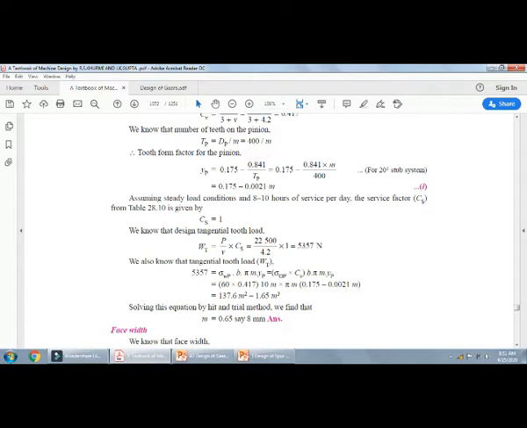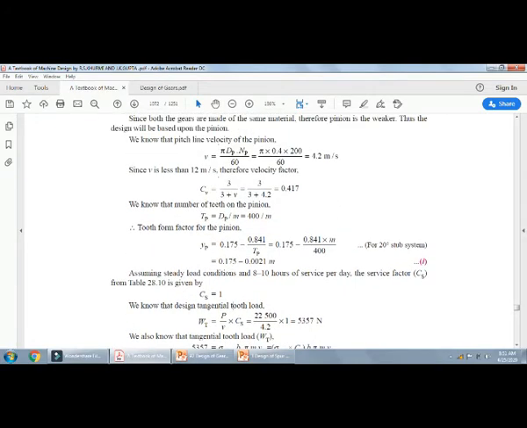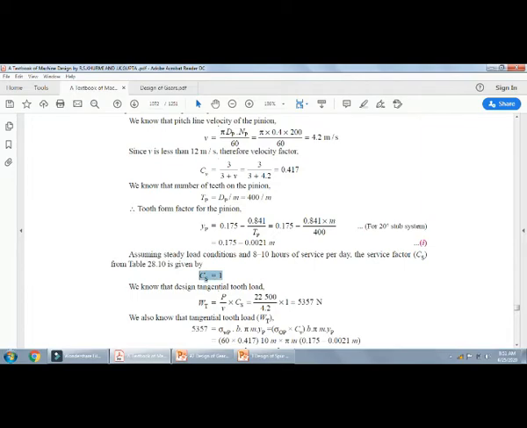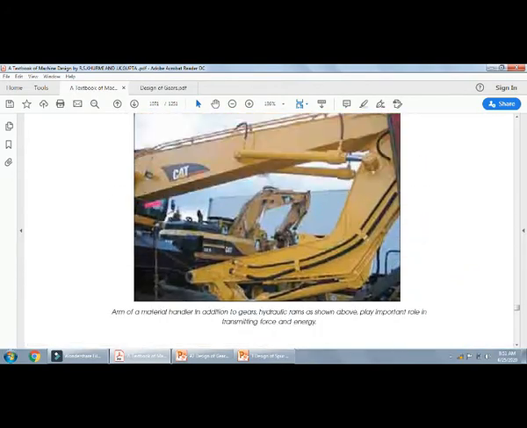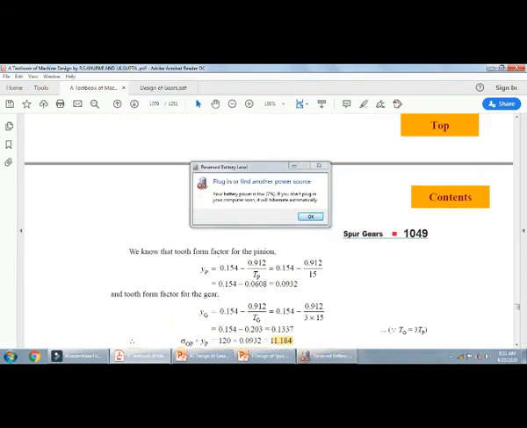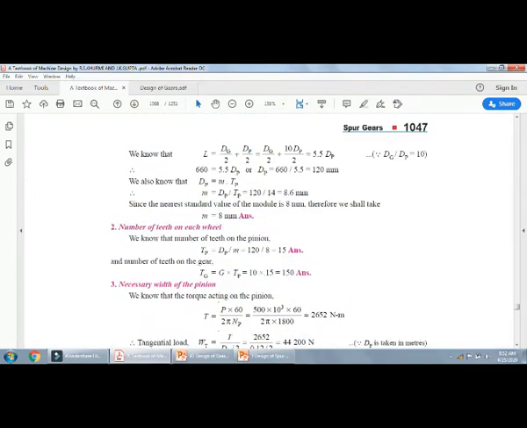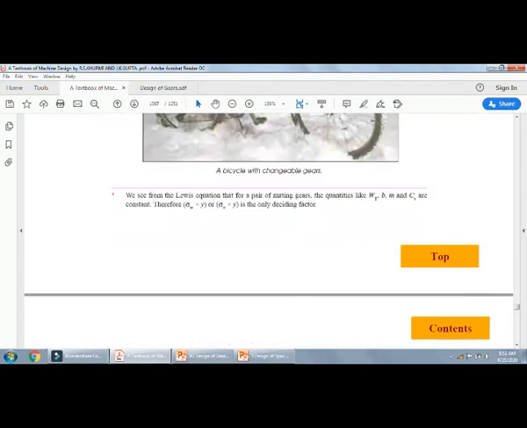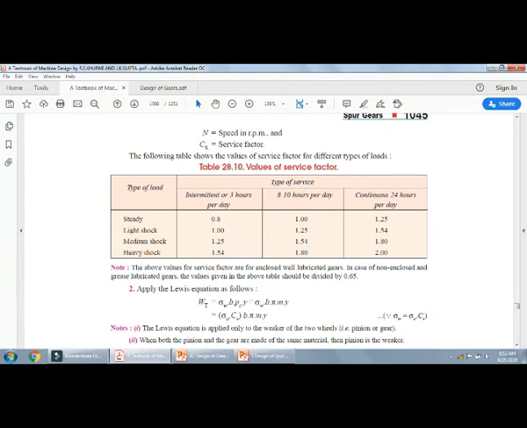So Cs, the surface factor, here from table 28.10, Cs is equal to 1, assuming steady load conditions and 8 to 10 hours of service per day. Now this factor depends totally upon your assumptions, if it is not given. When we analyze table 28.10, the value of the service factor depends upon the type of loading: steady load, light, medium or heavy shocking load.